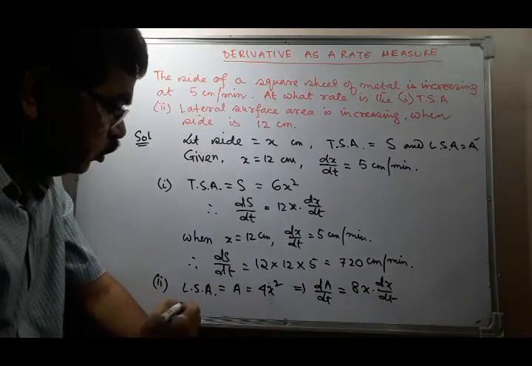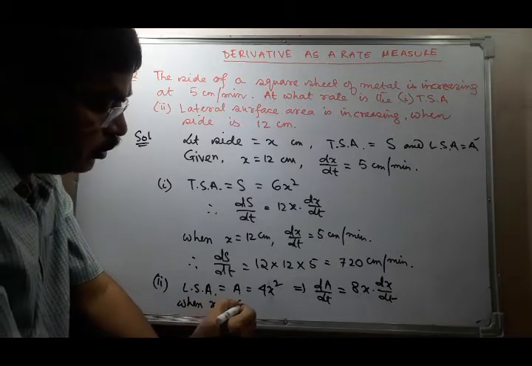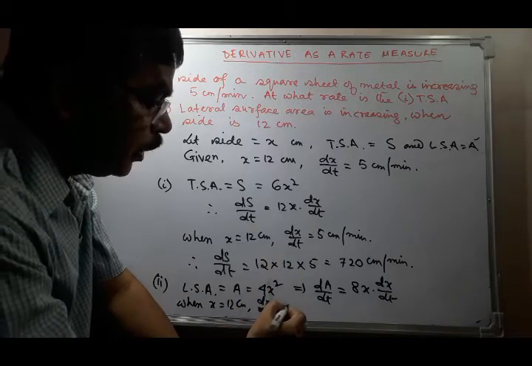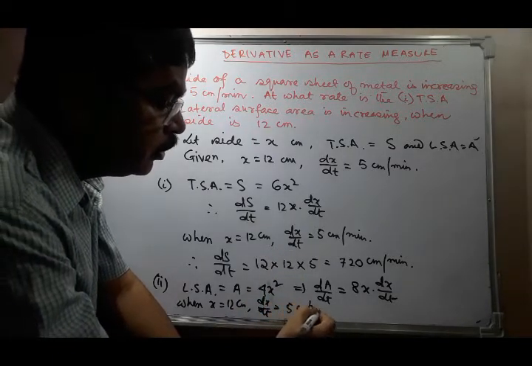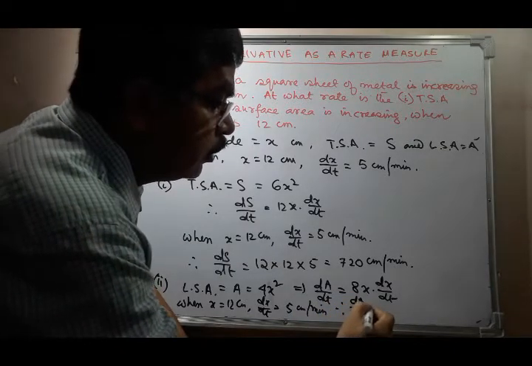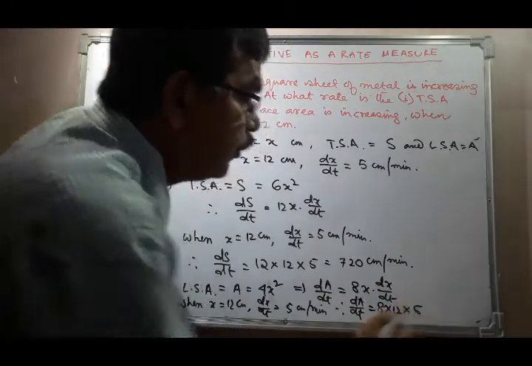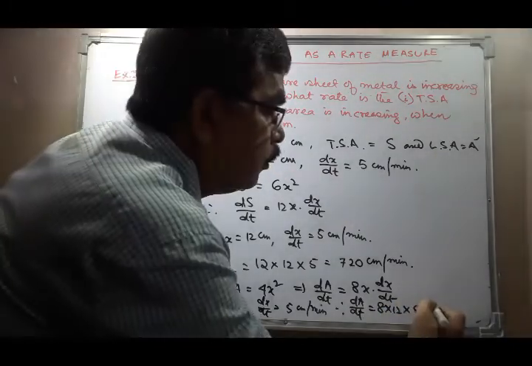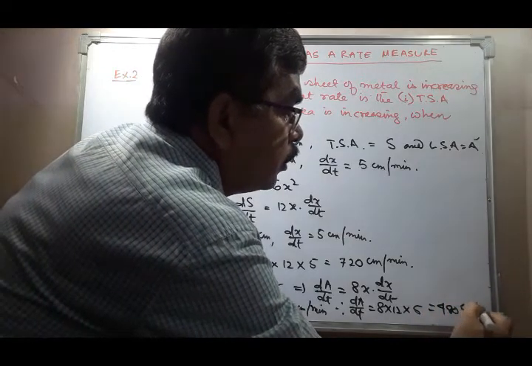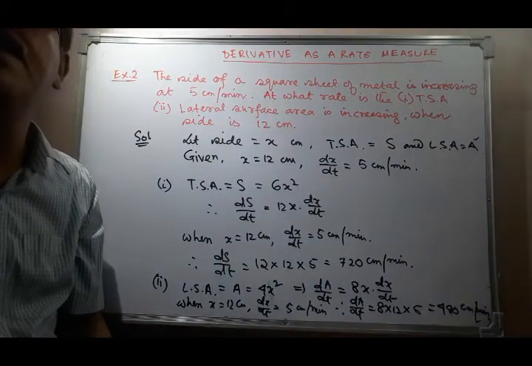Therefore replacing the value, when x equal to 12 centimeter, dx by dt equal to 5 centimeter per minute. Therefore dA by dt equal to 8 into 12 into 5. So then what will we get? 480 centimeter per minute. So answer is completed.